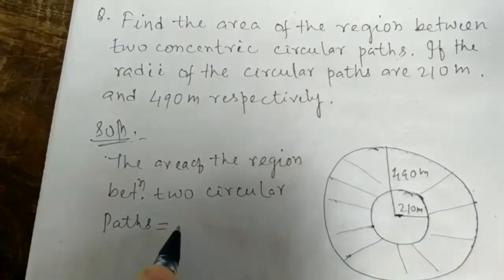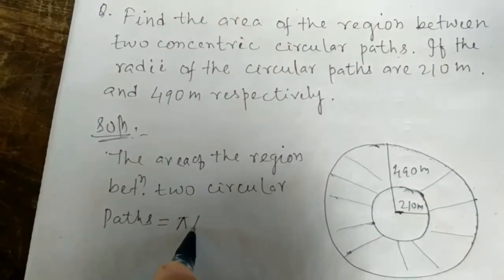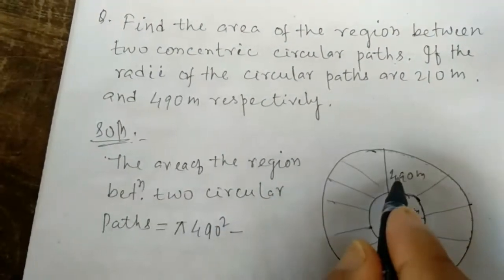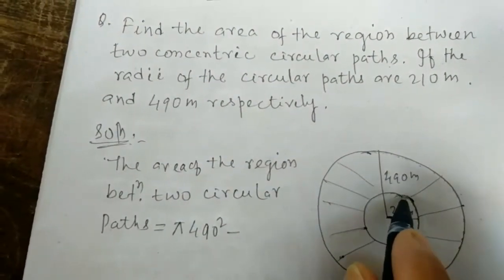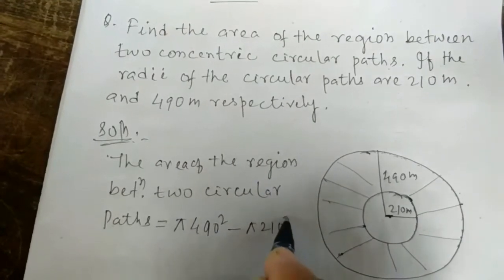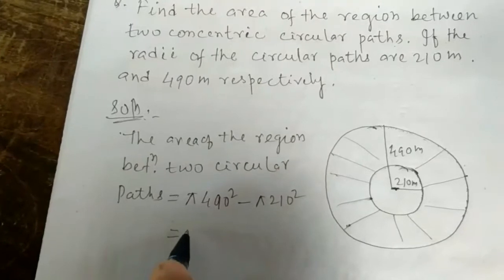Here the radius of the bigger circle is 490, so pi r square, minus the area of the smaller circle, pi r square, where the radius is 210. Clear?